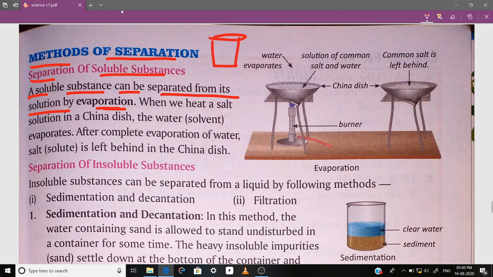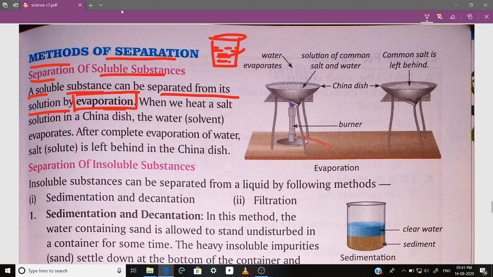You have added sugar and made a sugar solution, and now you want to separate water and sugar, which means you have to collect the sugar again after dissolving it. So how can you do this? We can separate them by the evaporation process.